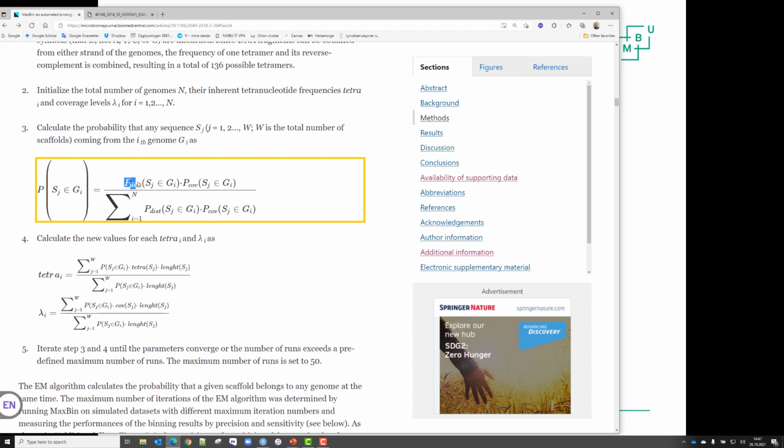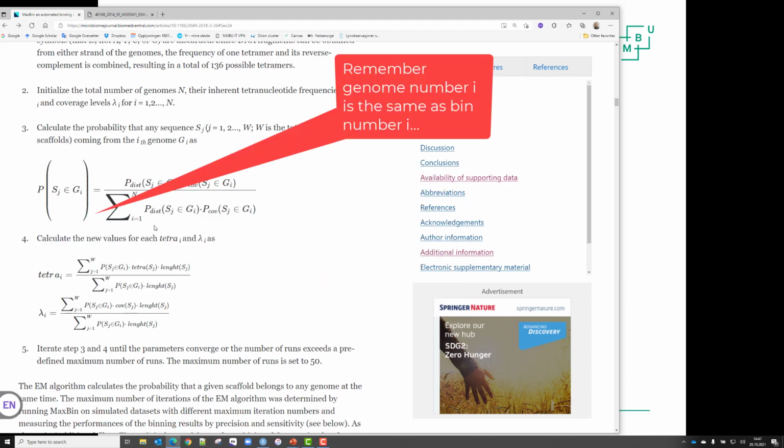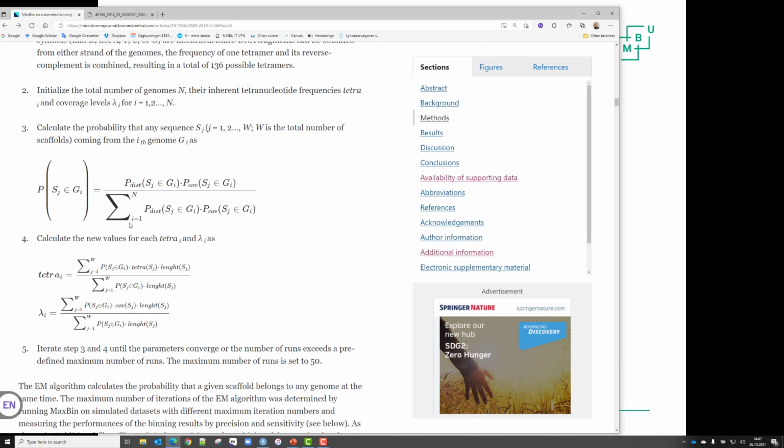And notice that here we use the pdist and the pcov in the numerator. And in the denominator, we just add up all these probabilities for all contigs. So again, we have a relative value here. And this is then the probability that contig number J belongs to genome number I. And based on this, we assign each contig to the genome that it has the highest probability of.